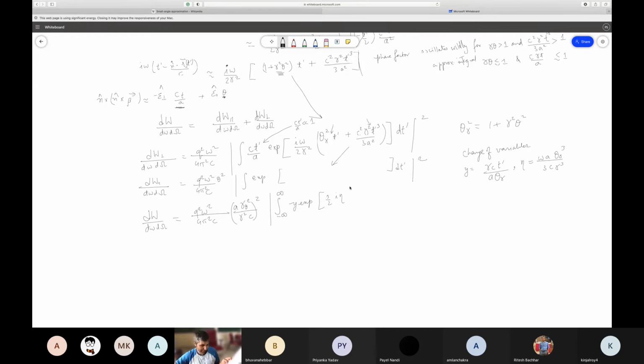This is the mathematical version of what we already did. I just wanted to do this maths a little bit because it's useful to know how these formulae come about.